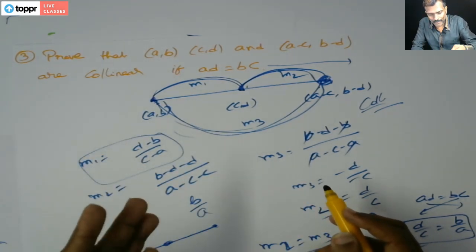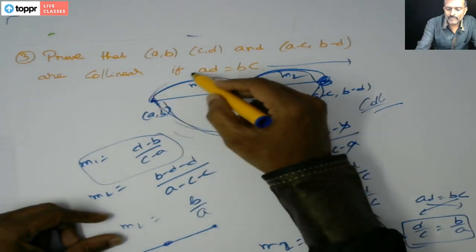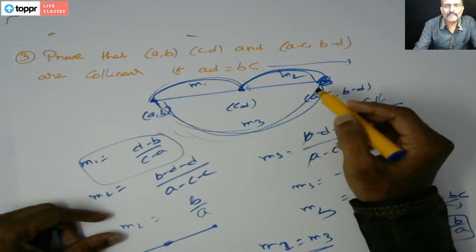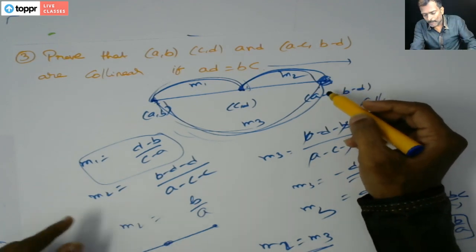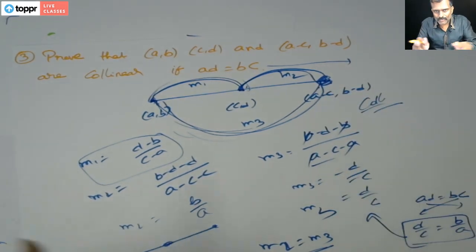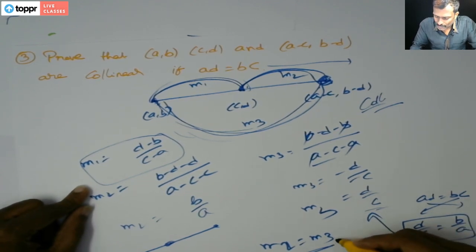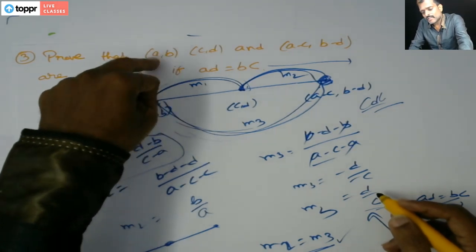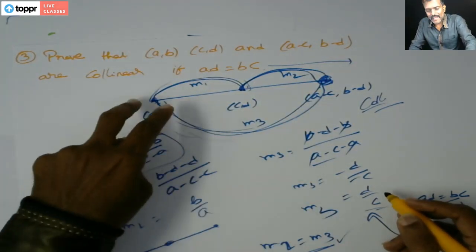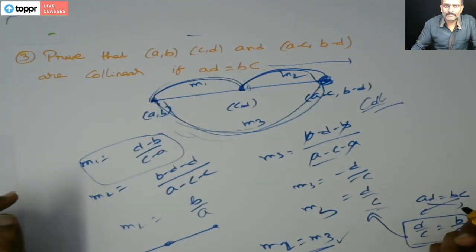So you will always try to do it in a simpler way by finding appropriate points to connect, so that your slopes will come out equal. Understood? So we can say that the 3 points here are collinear as their slopes are equal.